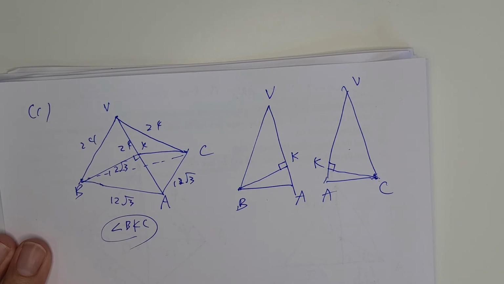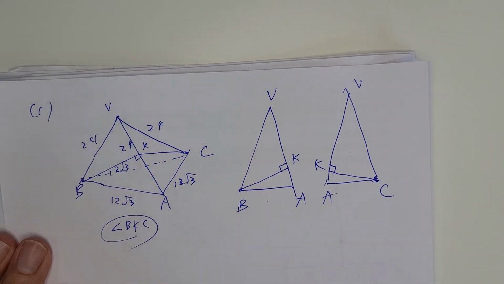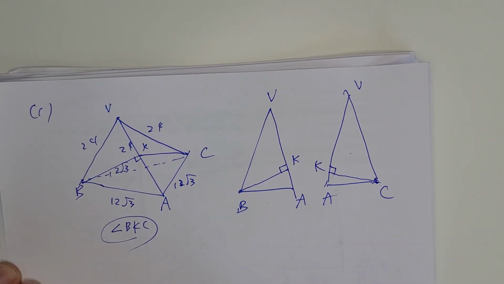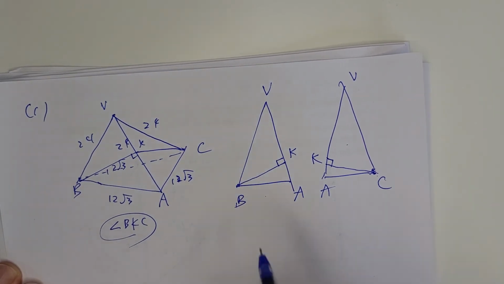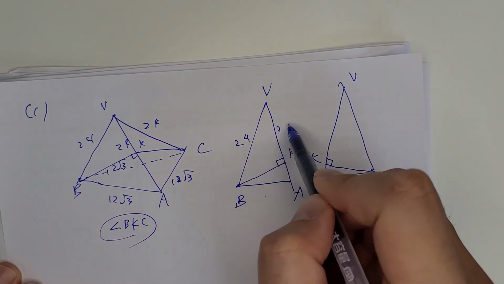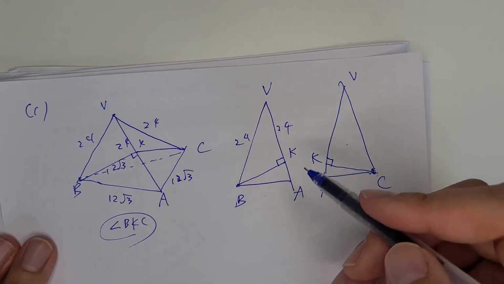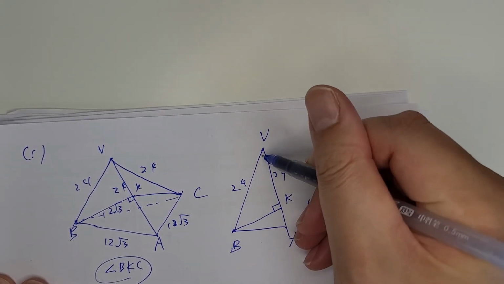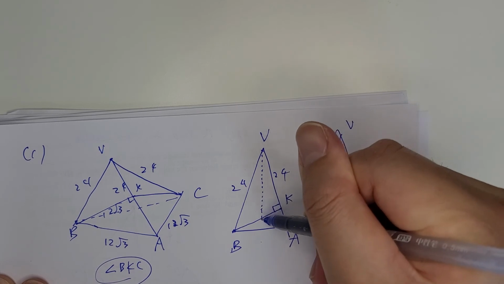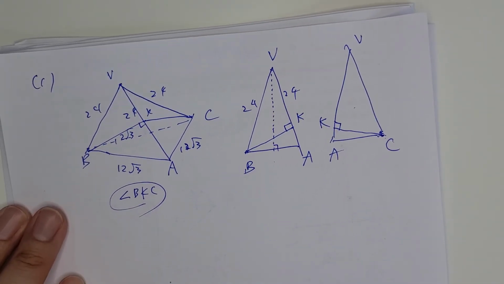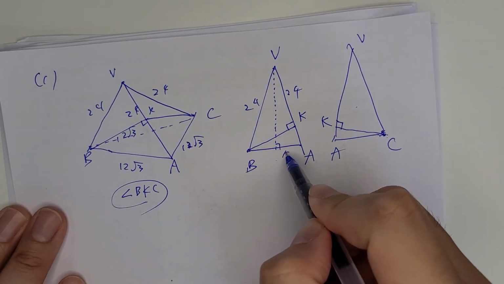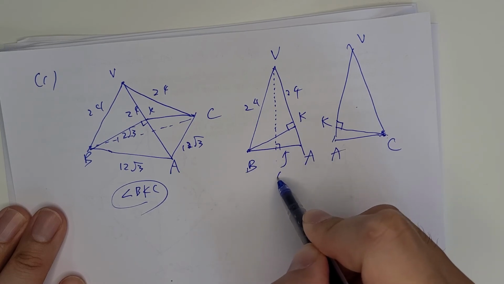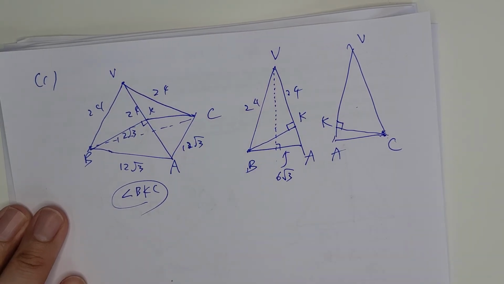So how do we find the length of BK? Actually, it should be quite straightforward. VA is 24. We can do it in this way. Try to draw a line like this. Draw the height. And here, this side will be 6√3.